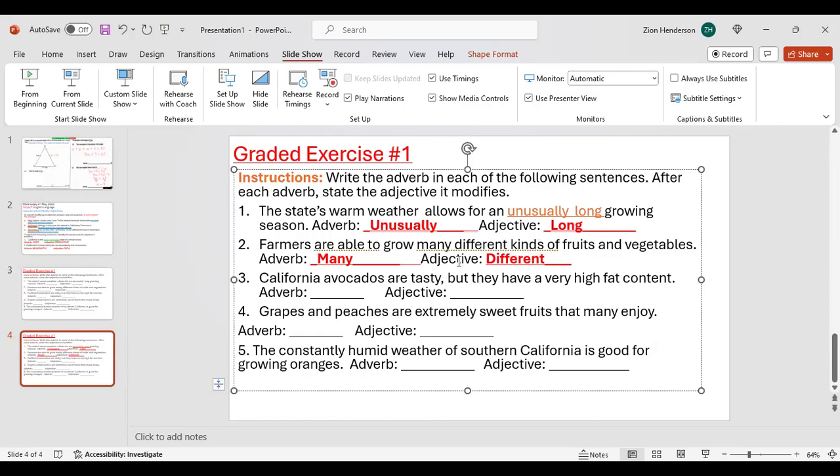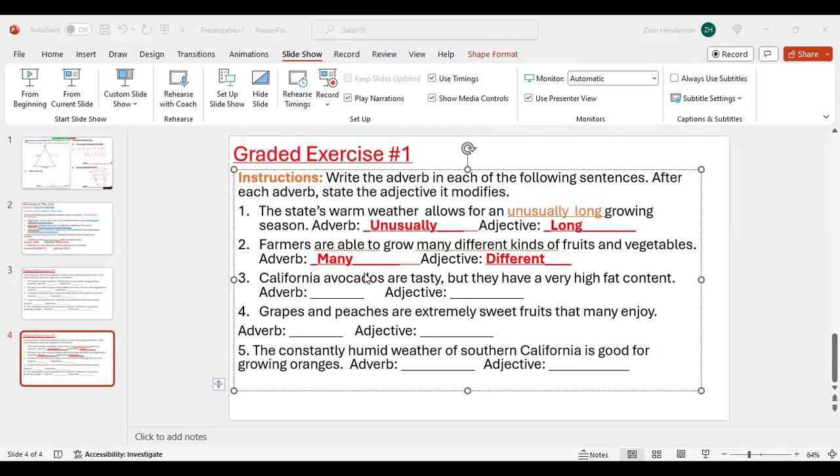Okay, go ahead, Kevin. Read number 3. California avocados are tasty, but they have a very high fat content.